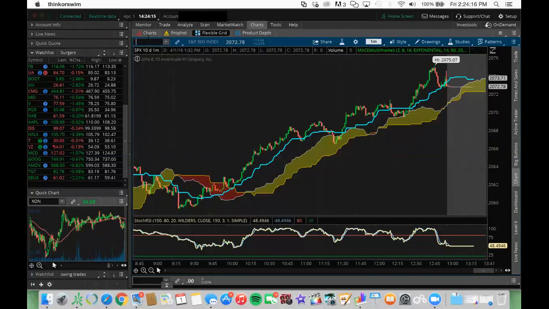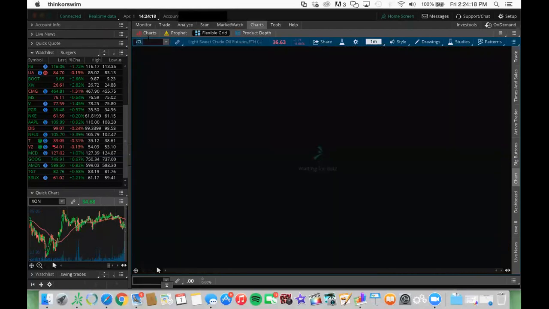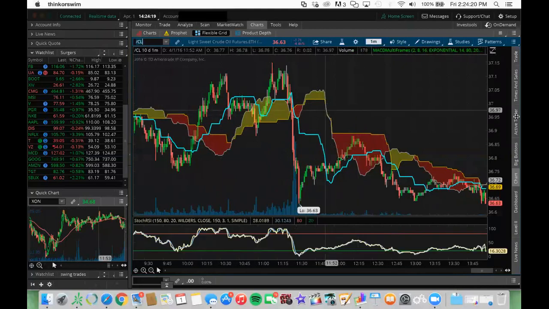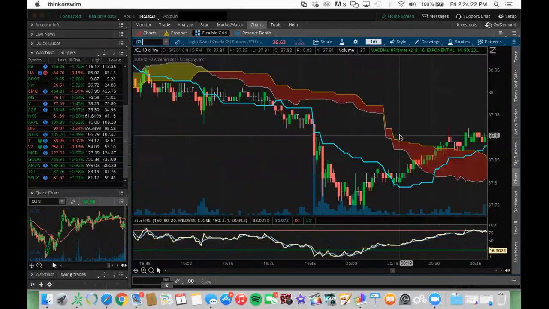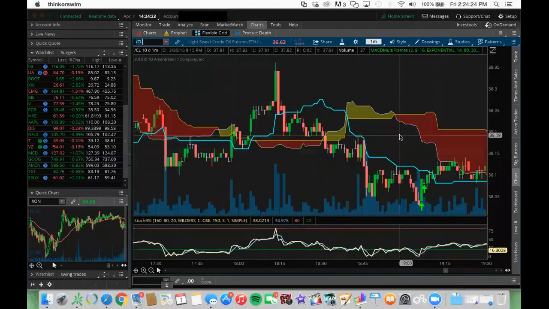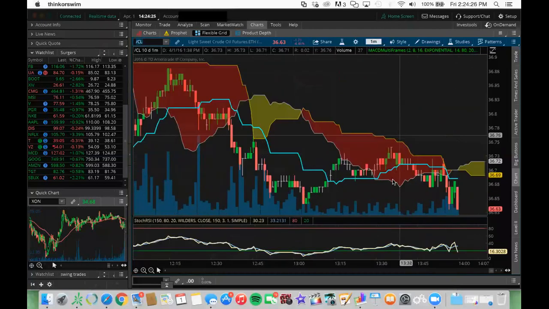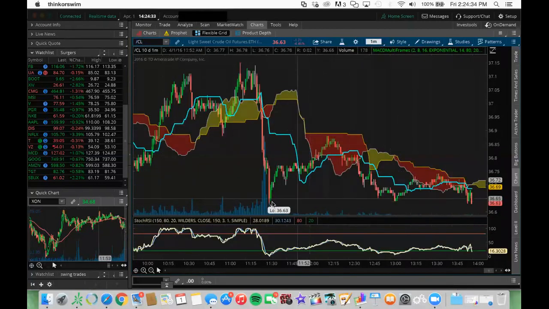Here, let me go to something that's live. It's really low volume, so it's going to be kind of choppy, but you'll get the idea. So see here, it's bouncing, before, it might have been bottom bouncing. So on this bottom bounce, so here before it tested this exact point, and then you'd be like, oh, there's huge divergence.